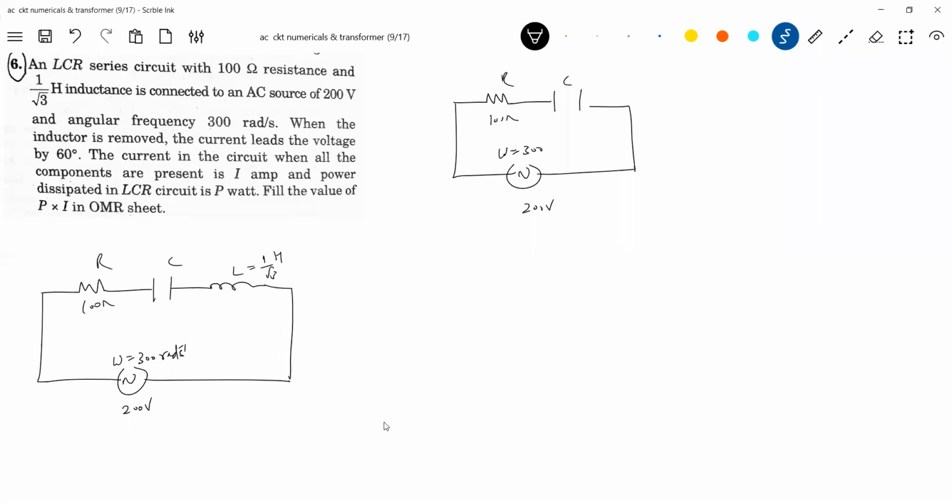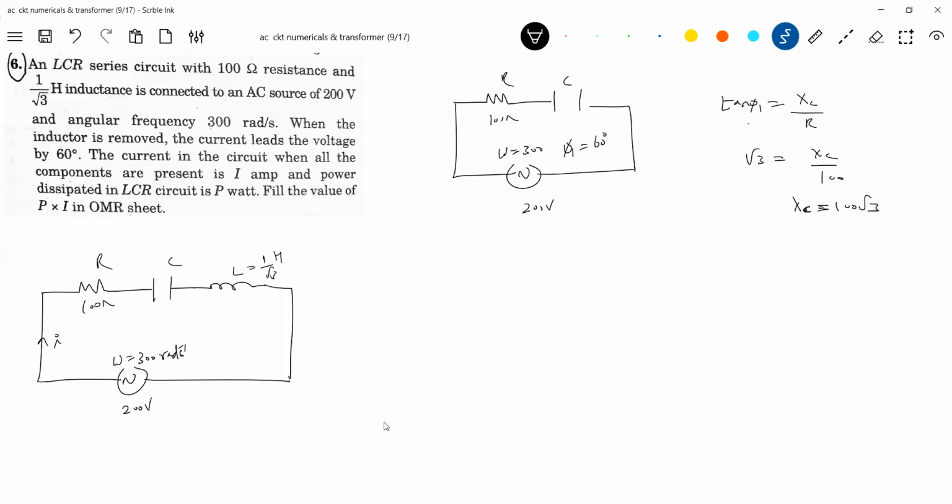Let's get into the problem. It's asking what is the phase angle of the circuit? 60 degrees. So tan phi 1 should be equal to XC by R, tan 60 is root 3. R is 100, so XC equals 100 root 3. Now that we know XC, it's asking for this circuit, what will be the current?